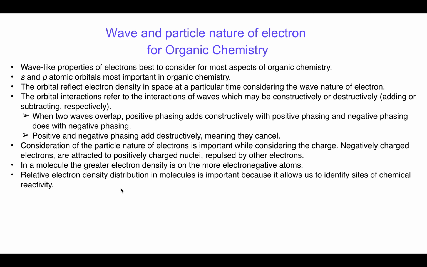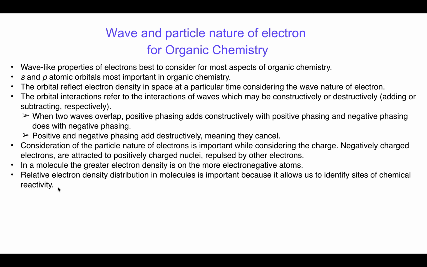Now, this shows relative electron density on molecules, that is, one part of a molecule contains somewhat more positive charge, the other one is having more negative charge. This is important because it allows us to identify sites of chemical reaction.